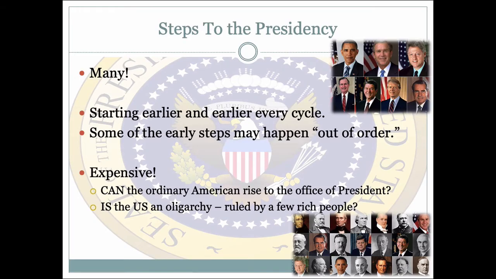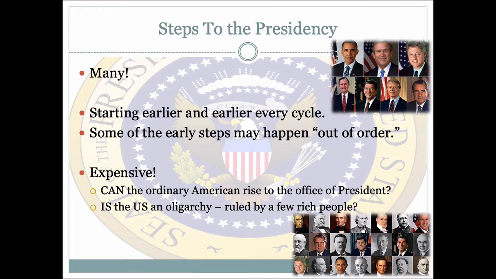So let's really get to the meat of this. How does one become president of the United States? There are many, many steps. And it seems like every 4 years that cycle is starting earlier and earlier. It doesn't just happen in the election year, like January of 2020, when the election happens in November of that year.